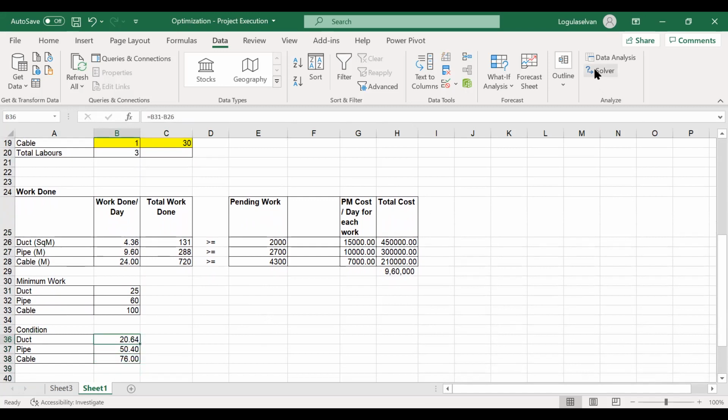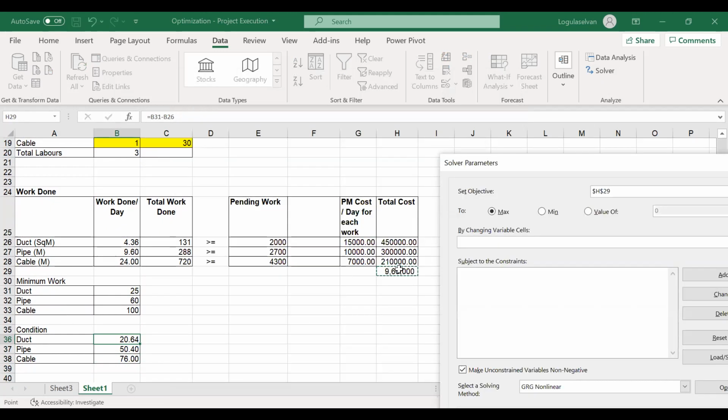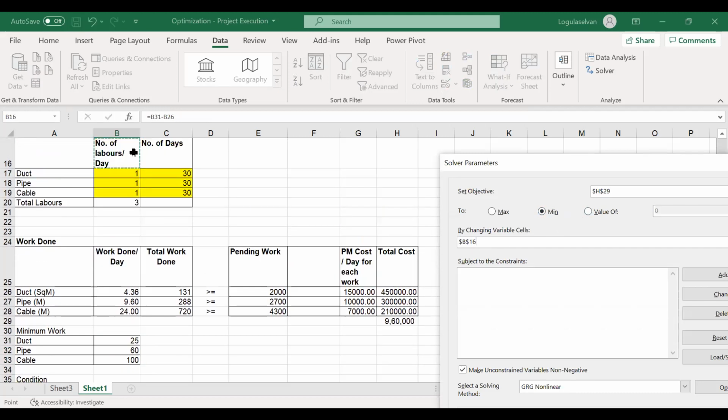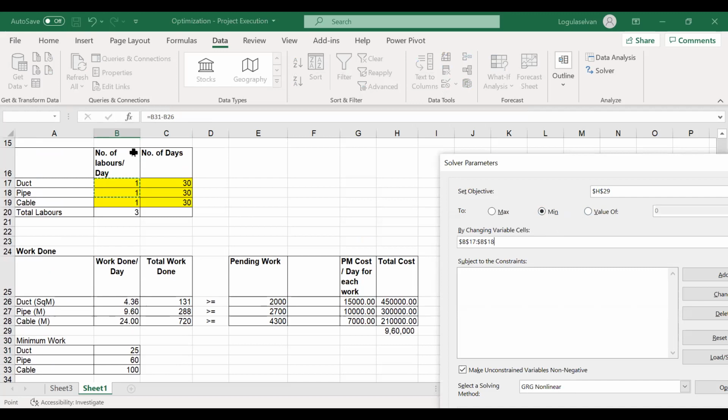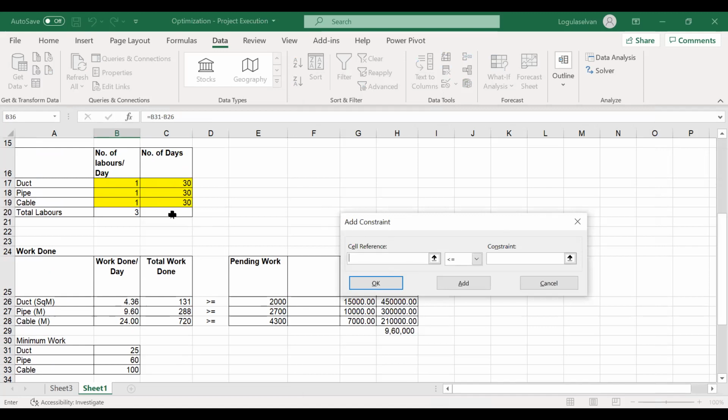Now we move on to solve it. So we have a target to minimize the project management cost. Here, the changing variables will be the number of labors per day and then the number of days. These are the changing variables. And I'm adding the restrictions.